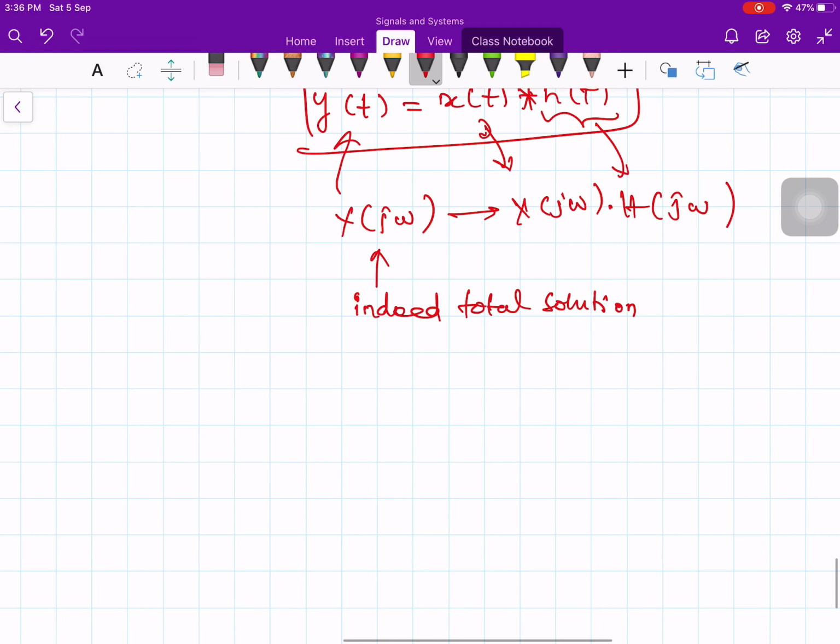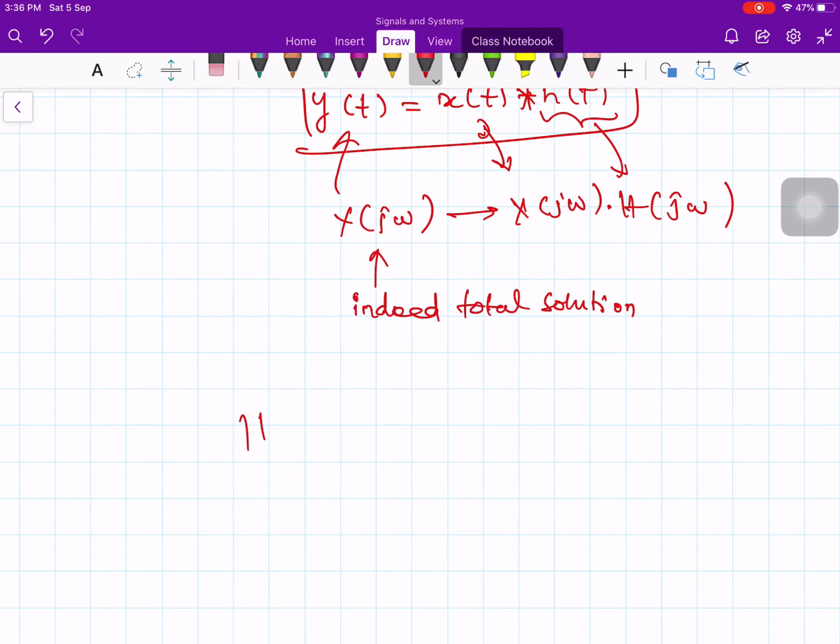Therefore, H of j omega can be thought of as the Fourier transform of the output Y of j omega divided by the Fourier transform of the input X of j omega, with zero initial conditions.